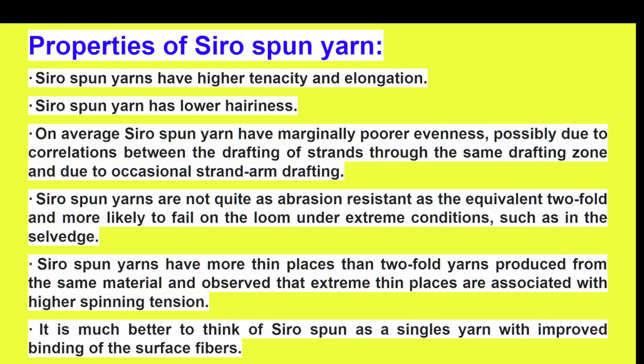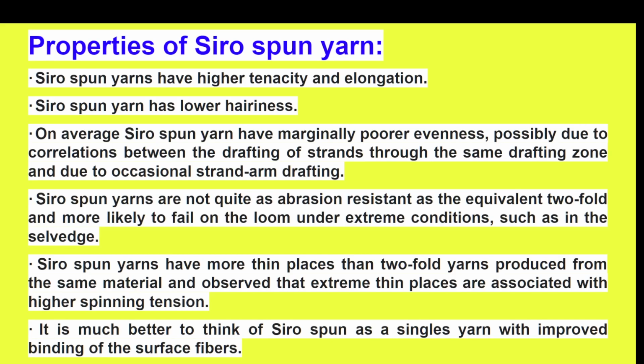When the number of threads per inch in the selvage gets doubled, they come closer to each other, and when the shedding motion in the loom during weaving takes place, these threads rub against each other and the fibers come out of the yarn and yarn breakage happens there.